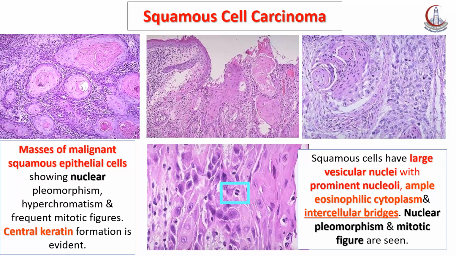Another case of squamous cell carcinoma shows malignant epithelial cells with central keratinization. And this is a higher power showing scattered mitotic figures, polymorphic nuclei, prominent nucleoli, and intercellular bridges between the neoplastic squamous cells.